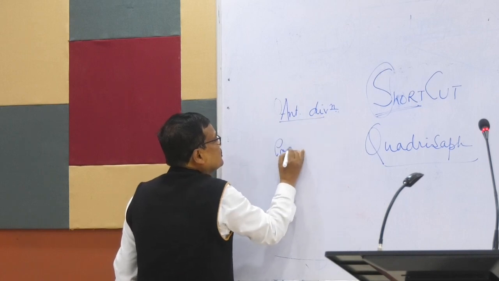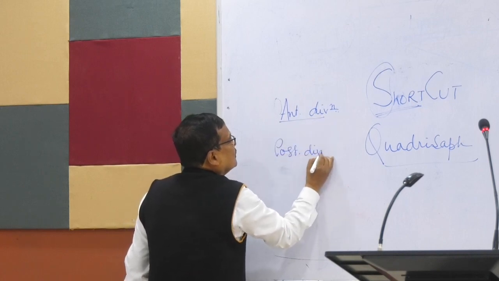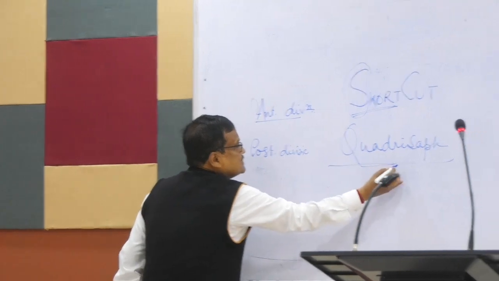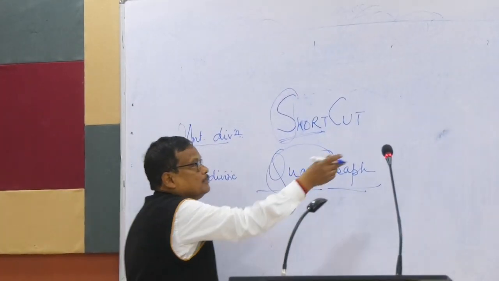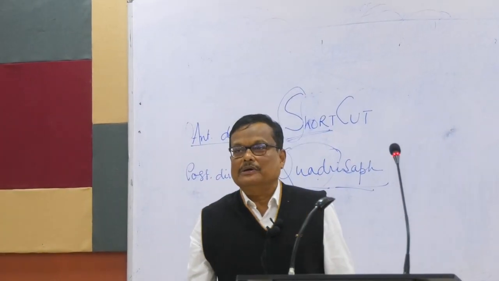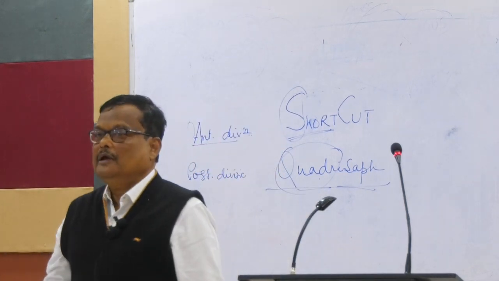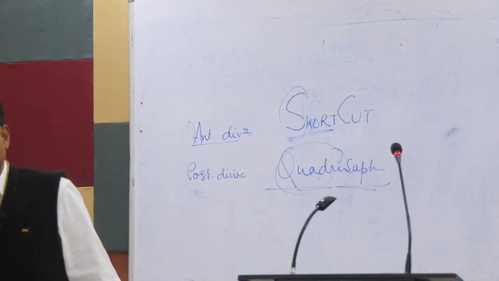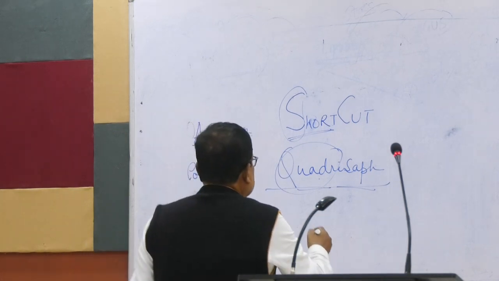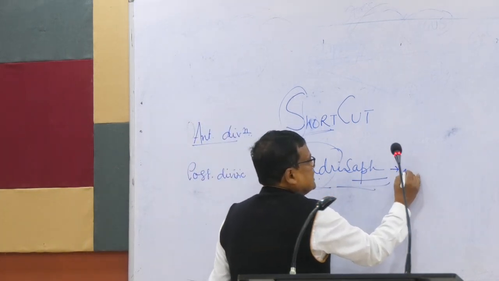And from the posterior division, quadriceps. Quadri means nerve to all the quadriceps muscles: rectus femoris, vastus medialis, vastus intermedius, and vastus lateralis. Saph means saphenous nerve, a sensory nerve.